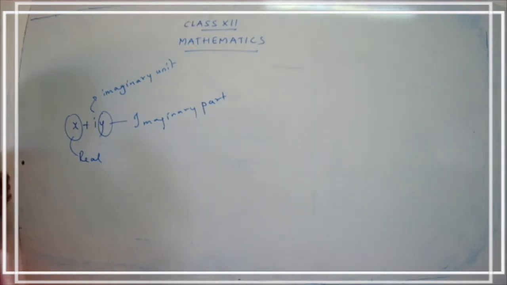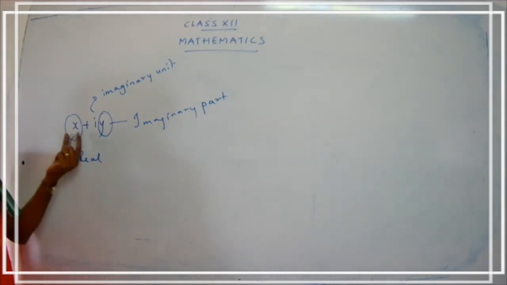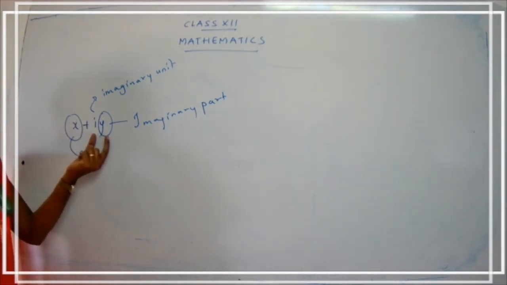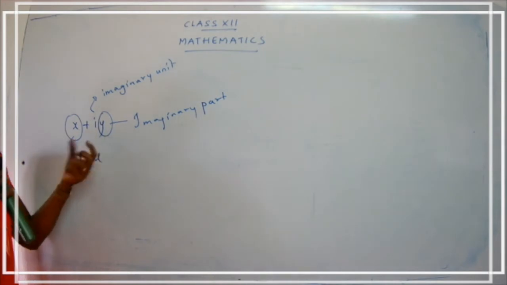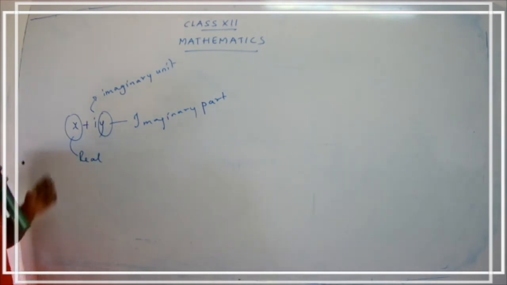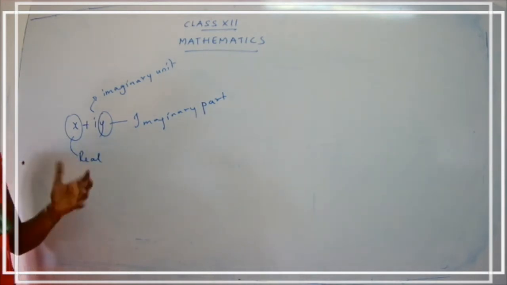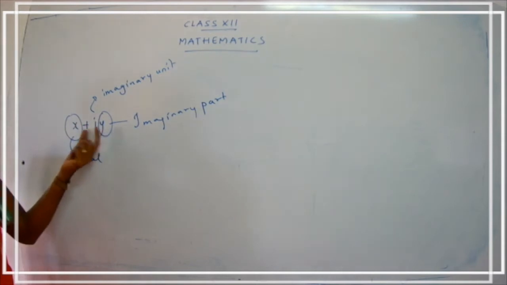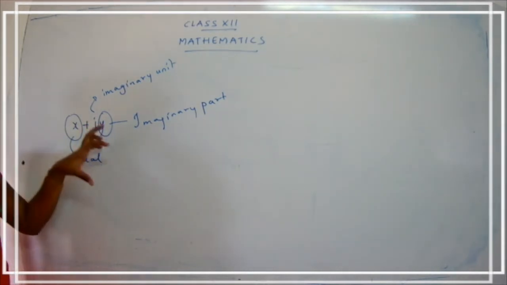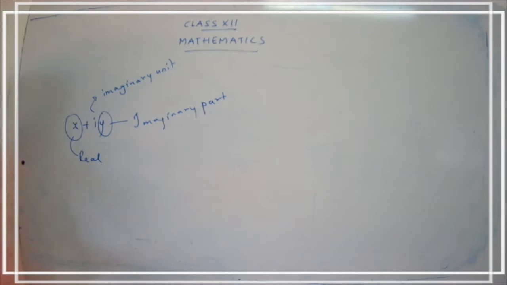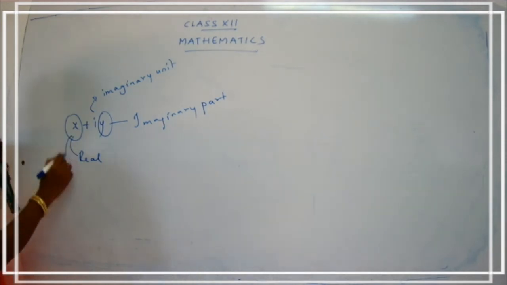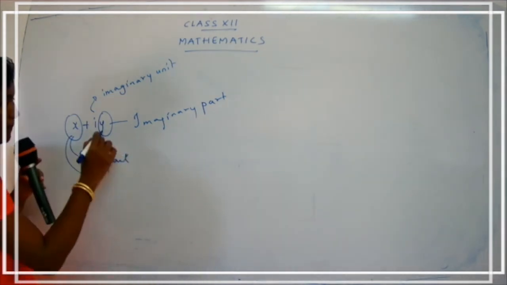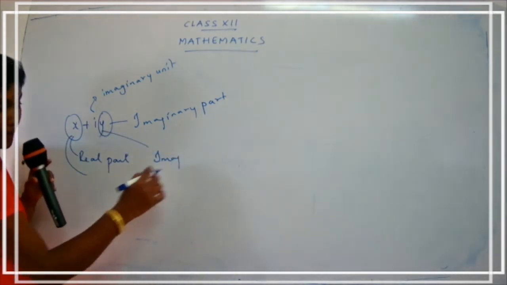Whenever you arrange the complex numbers, you have to arrange the real part first, and later the imaginary part. Or in other words, the number without i is called the real part, and the term with i is called the imaginary part. So this is what you have to be thorough with. The x part is the real part and the y part is the imaginary part.